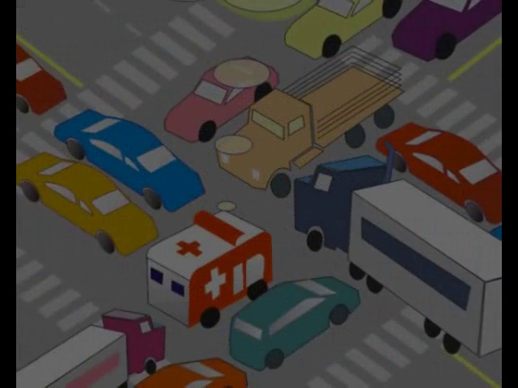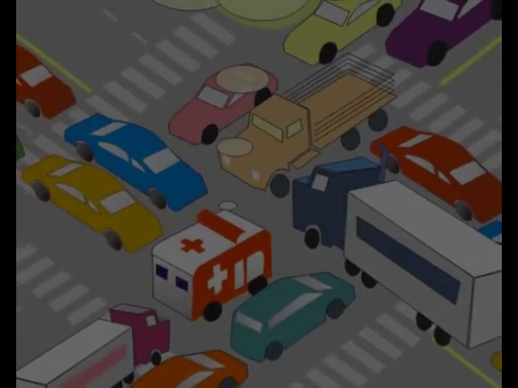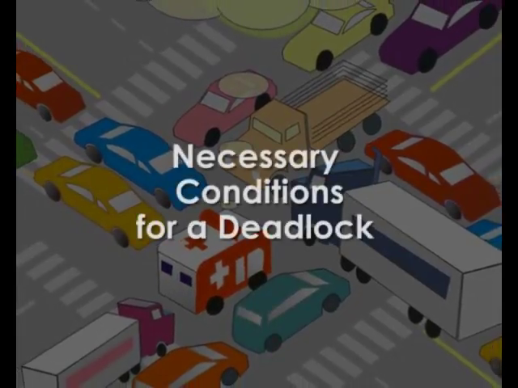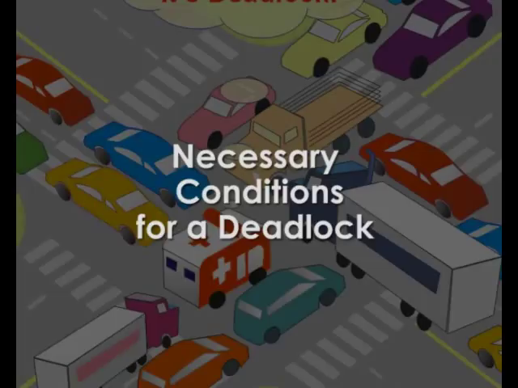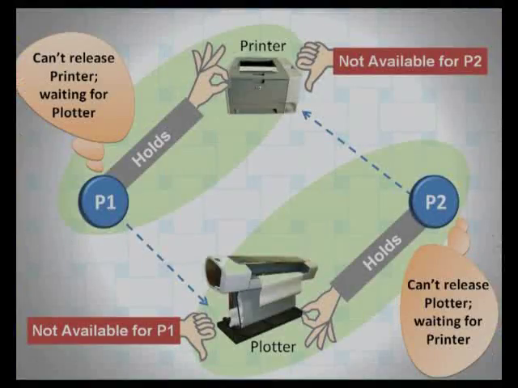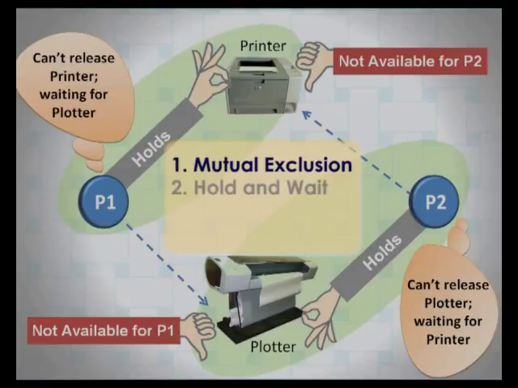After getting familiar with deadlocks, let us understand the various necessary conditions for a deadlock to occur. A deadlock will occur in a computer system if all the following conditions hold simultaneously.